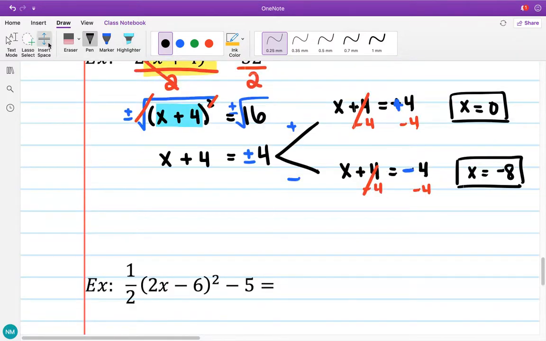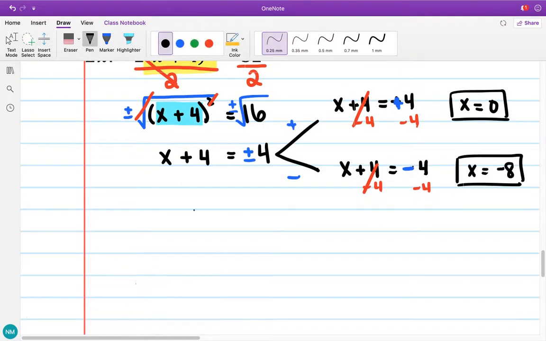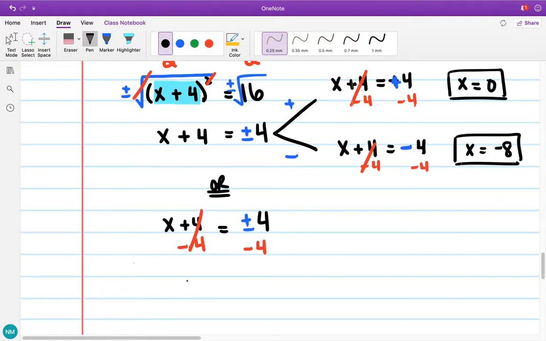And then we could do it the other way. So we have x plus 4 equals plus or minus 4. I can subtract the 4 first, and I get x equals negative 4 plus or minus positive 4.